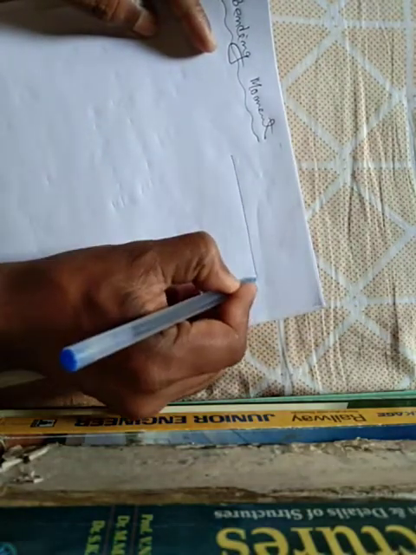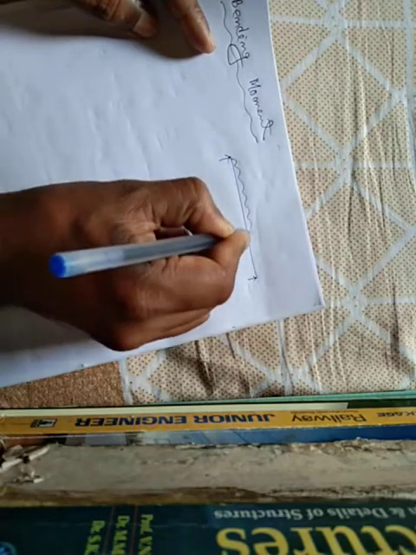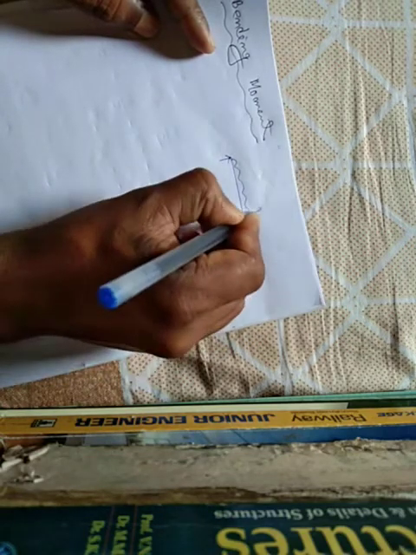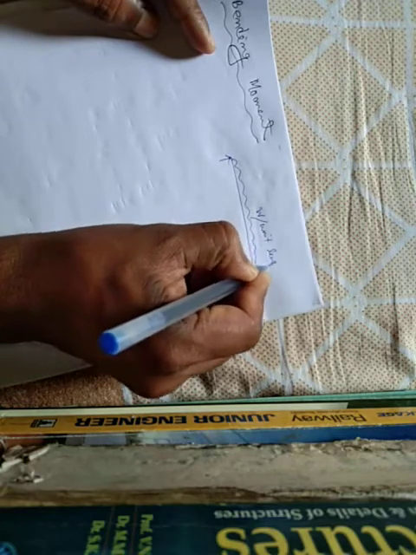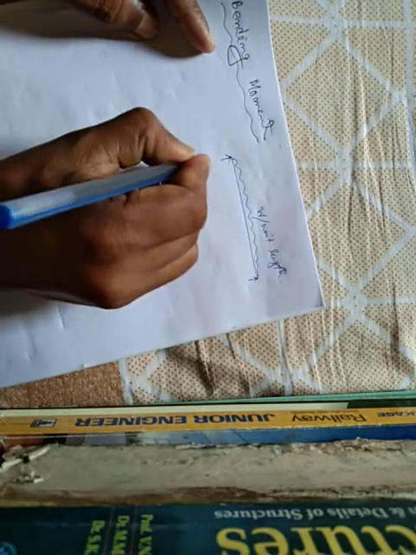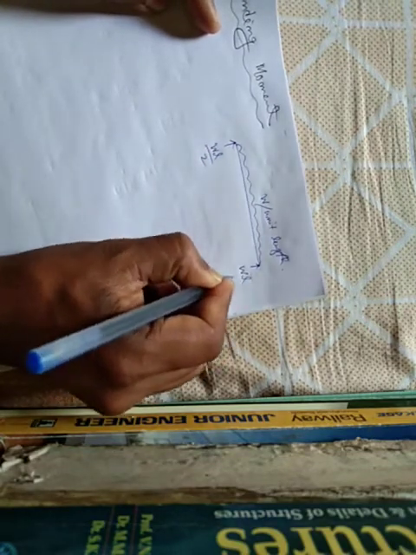Let me again draw the beam, a simply supported beam with uniform distributed load W per unit length. Reaction WL by 2, here also reaction WL by 2.